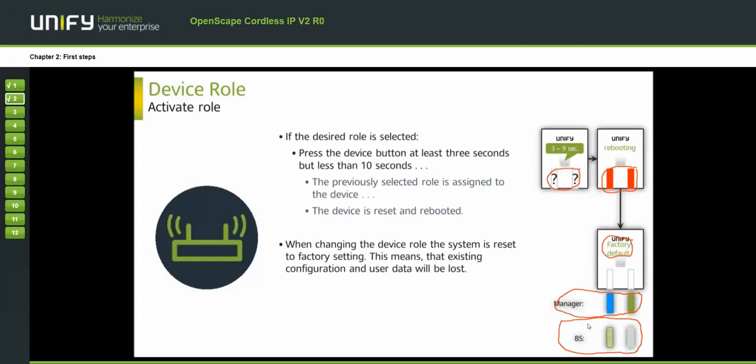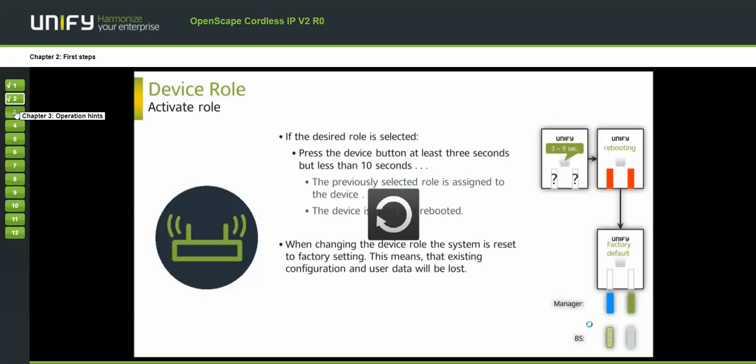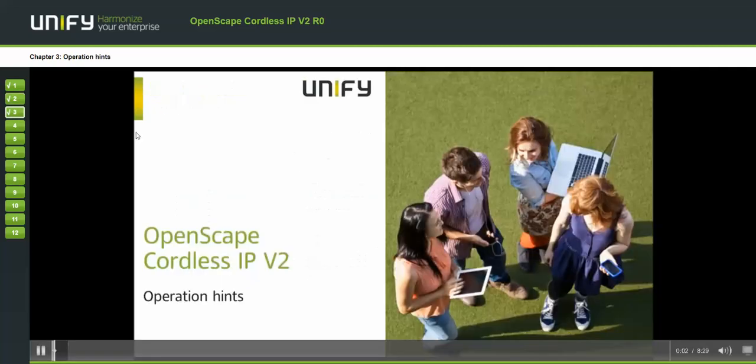First of all, in general. Secondly, for base stations. Thirdly, for DECT Manager in the standalone mode, where the DECT Manager is not used as base station in parallel. And finally, for the DECT Manager with base station in parallel on one box.